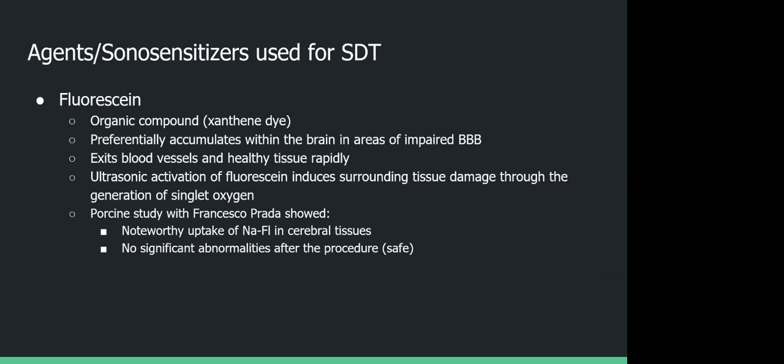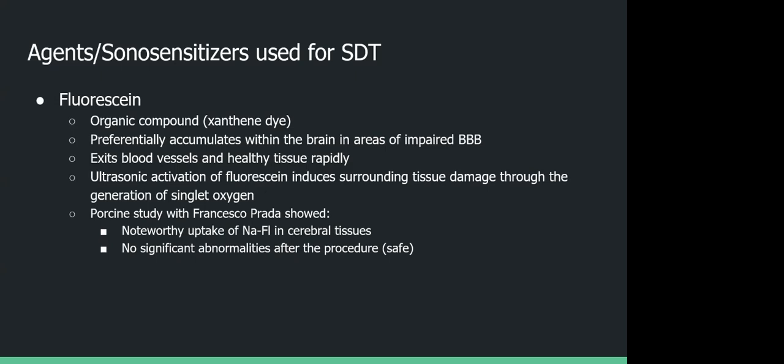So SDT is a combination of two things, as we said: the ultrasound and a sonosensitizer. There have been two main sonosensitizers that have worked. One is fluorescein, an organic compound. It accumulates in the areas where the blood-brain barrier is impaired in the brain, so it's been used a lot for blood-brain barrier opening. It goes through the body very quickly and does not concentrate in healthy tissue.